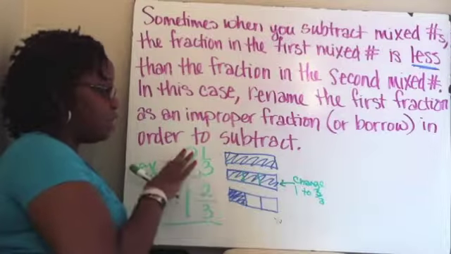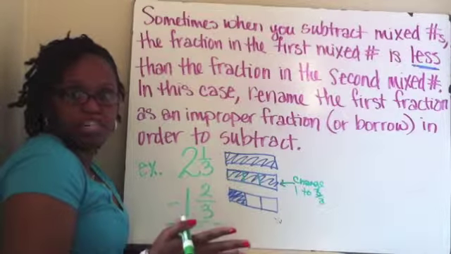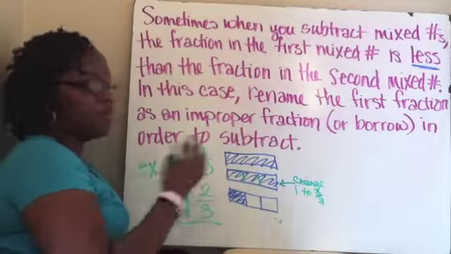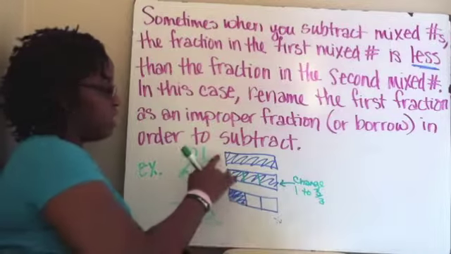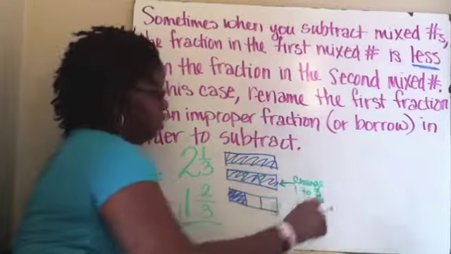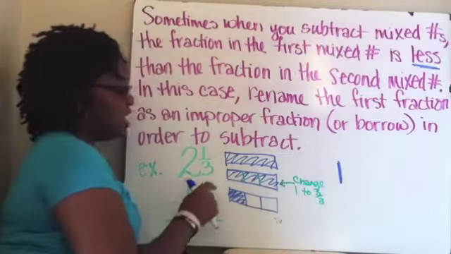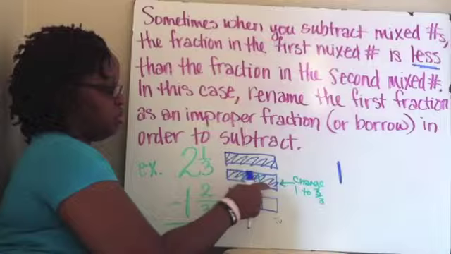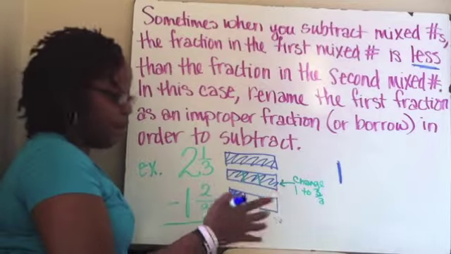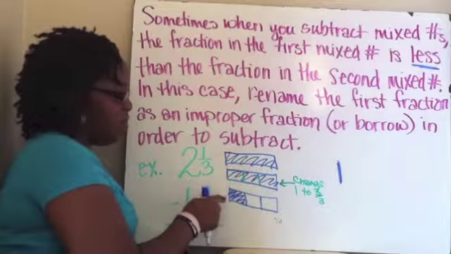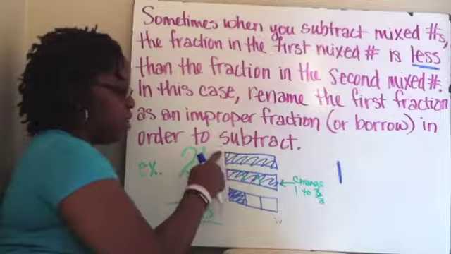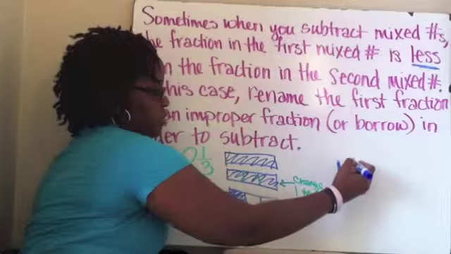So I still have 2 and 1/3, but it's just divided up a different way. So now, if I were to rename this as an improper fraction, I would say that I have 1 whole, okay? And instead of just 1/3, I have 1, 2, 3 from the one that I borrowed or changed, okay? 4. So that's 1 whole and then 4/3.